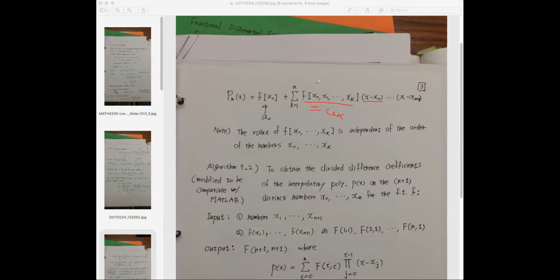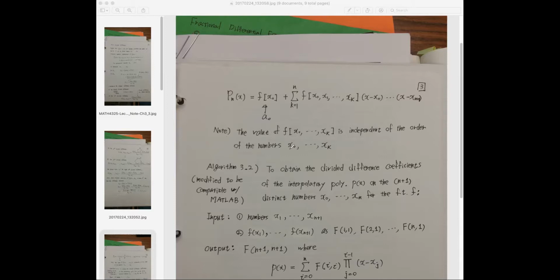This is a short expression that simplifies P_n(x) using the divided difference notation. Note that the value of the kth divided difference is independent of the order of the numbers x0 to xk.